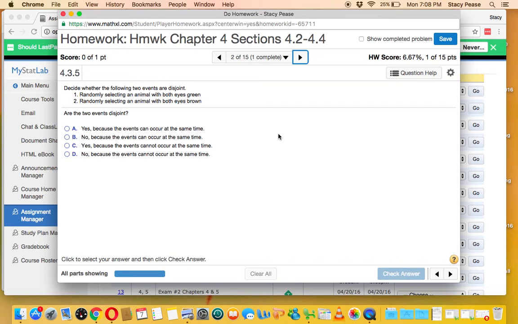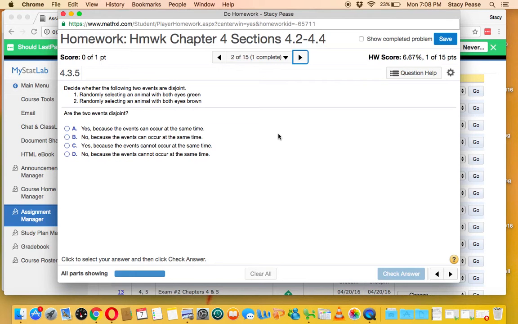For example, in the last problem we had event A and not A. Those two things are always disjoint. Any event and its complement must be disjoint in the sense that they can't happen at the same time. If event A happens, well then certainly not A can't happen.